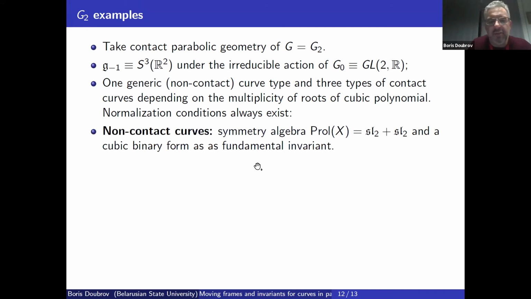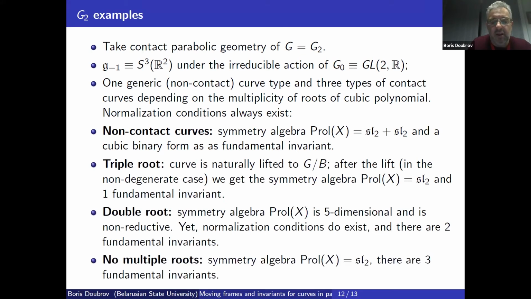I'm going to play with normalization conditions. So for non-contact curves, our symmetry algebra was reductive, actually, SL2 plus SL2, and the cubic binary. And in all these cases, we do have invariant normalization conditions. I'll just list through; these are computations we had last time.